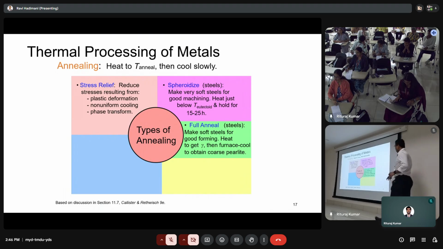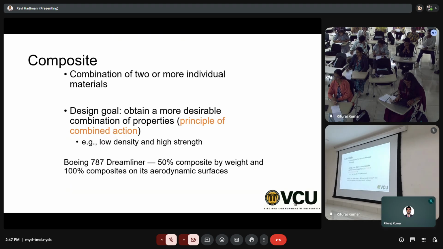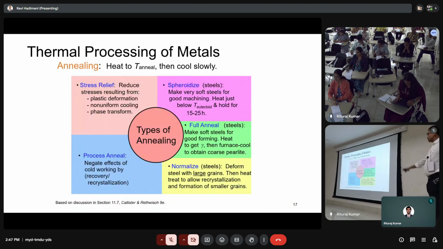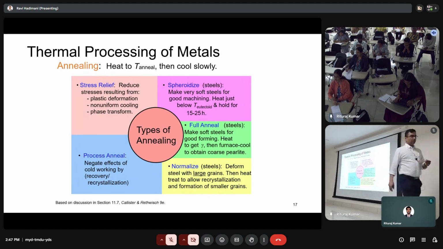Then you have full annealing, which makes steels very soft, and it's good for forming and other cold operations. And then normalizing. So these are all different annealing techniques that you can use to tune the properties of materials the way you like.